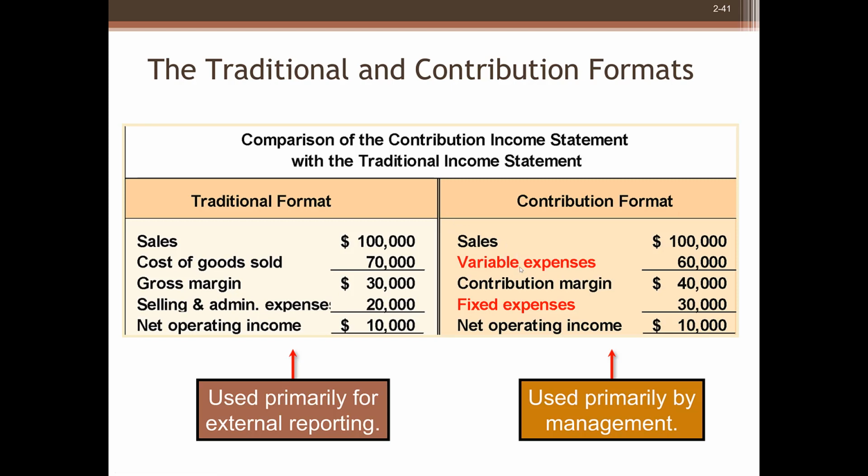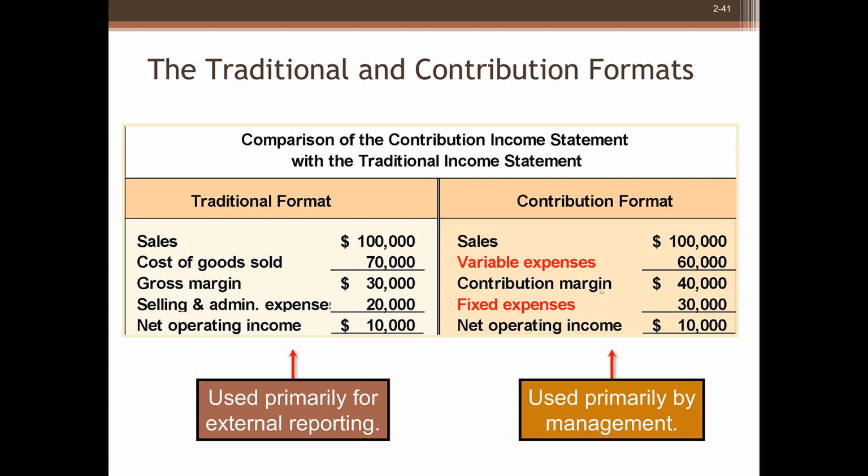We classify expenses by cost behavior, variable or fixed. We start from sales minus variable expenses. You will get a contribution margin, minus fixed expenses. You will get net operating income.